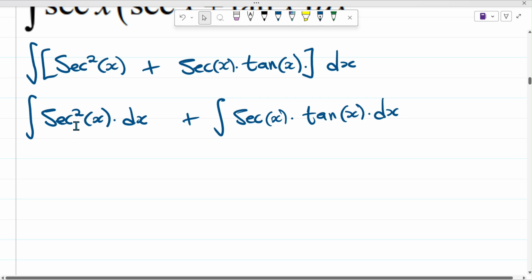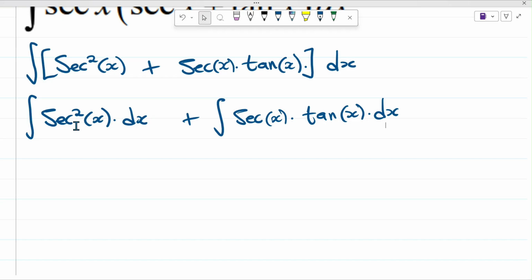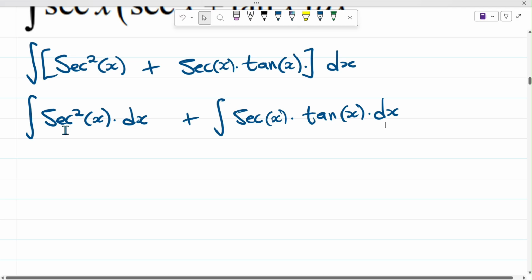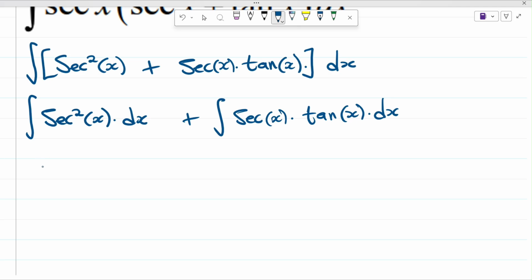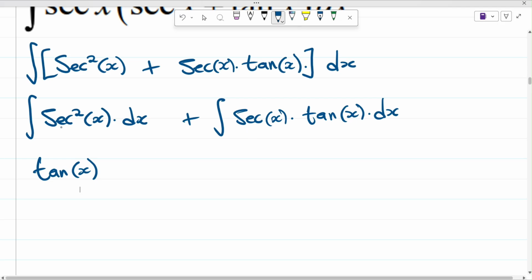You take yourself back there and think, and when you're done, you will come to the conclusion that the thing that was differentiated to get positive sec squared was tan of x. Then you come to your answer and say this is tan of x. Then ta-da! All right, before you ta-da, you need the plus c.